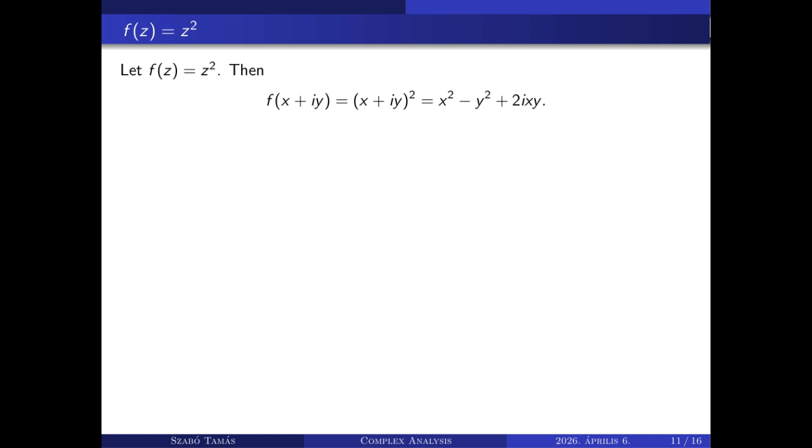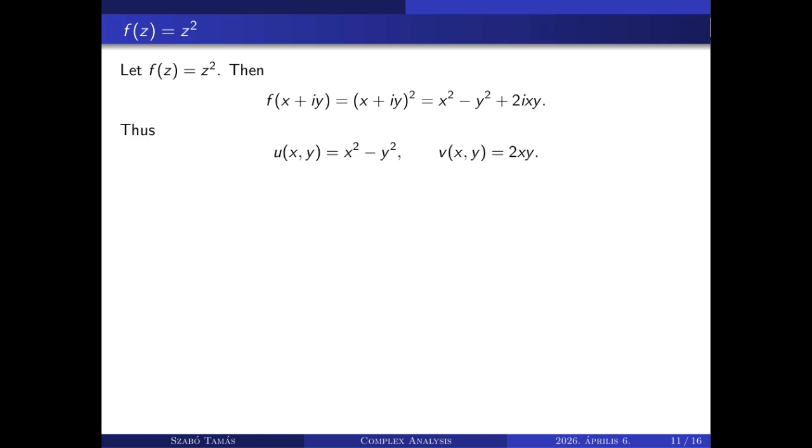f(z) = z². Let f(z) = z². Then f(x + iy) = (x + iy)², which is x² − y² + 2ixy.